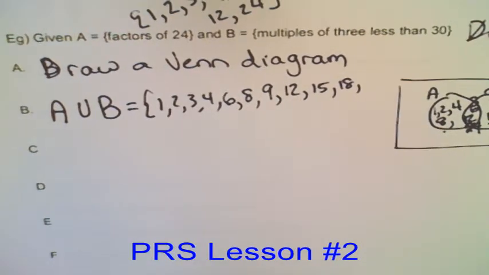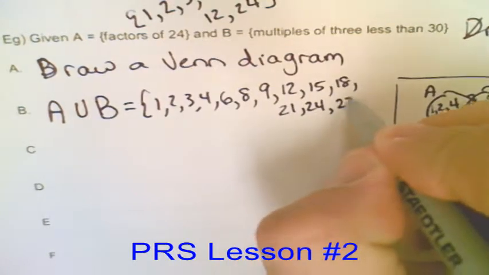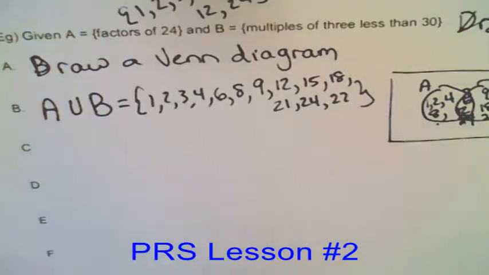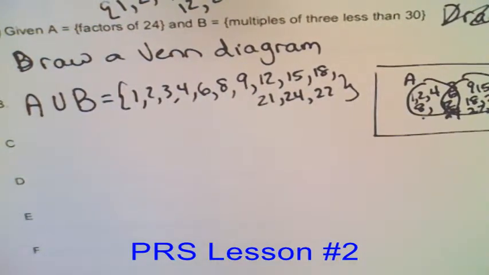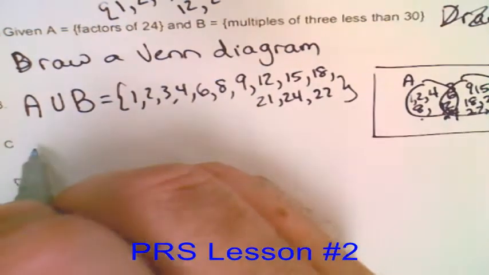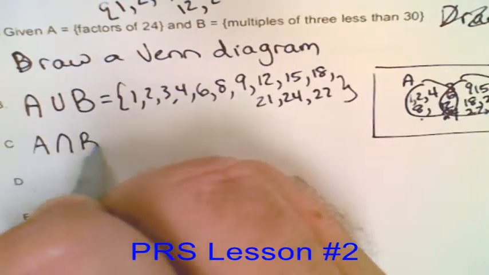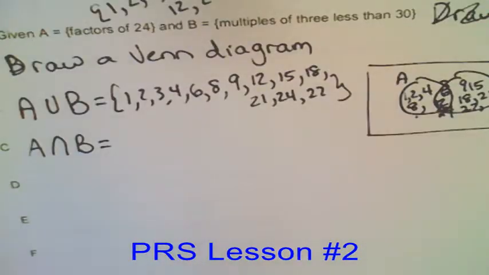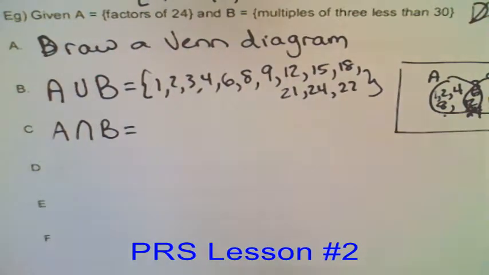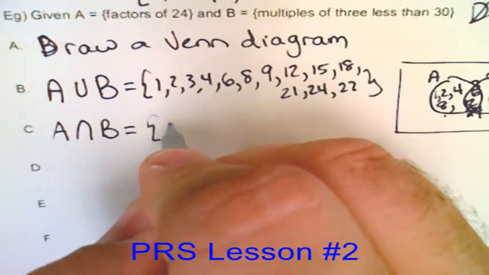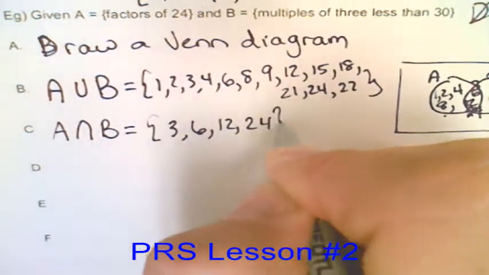So A union B is going to be 1, 2, 3, 4. Then I've got 6. Then I've got 8. Then I've got 9. Then I've got 12. Then I've got 15. And I've got 18. And so on and so forth. And I'm just listing all the numbers that I would have. Then I've got 21. Then I've got 24. Then I've got 27. So basically all the numbers that I've got, that's what's in A union B.